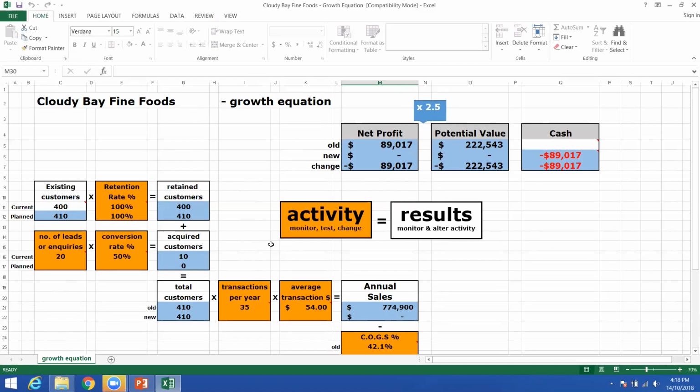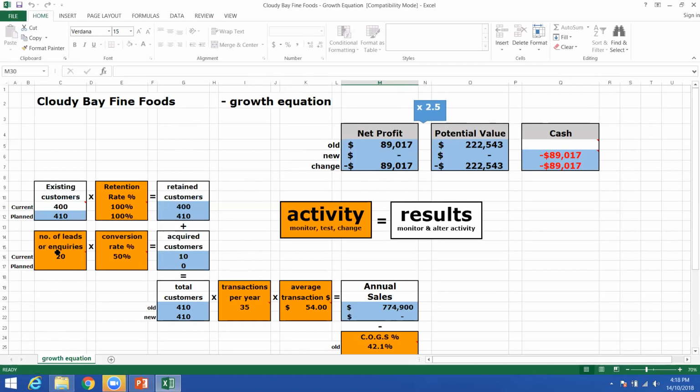So, the growth equation. We start off here on the left-hand side. Nigella has 400 existing customers at the 1st of July 2017. As I said before, she's a great host. She keeps all of her customers, so she retains all 400 during the year.